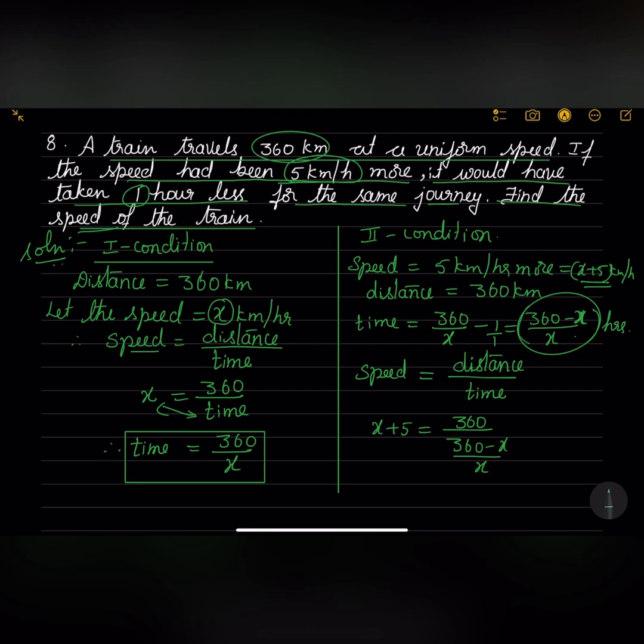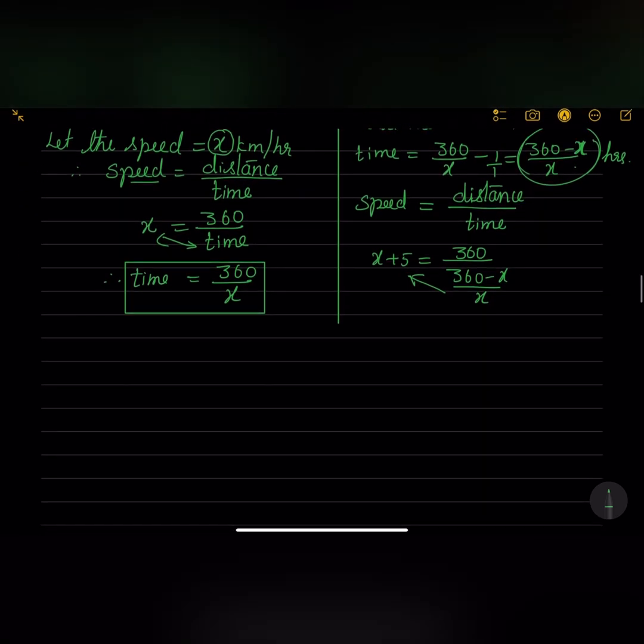We'll cross multiply this and find out. So this is x plus 5 into 360 minus x by x is equal to 360.